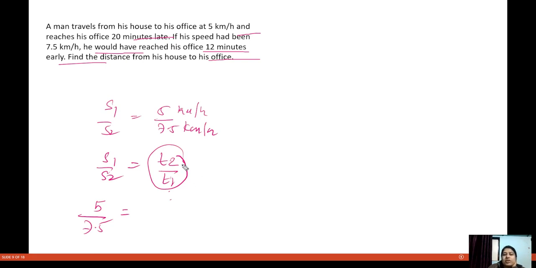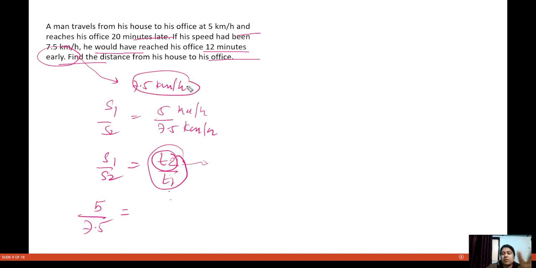Now you see this t2, the time taken. T2 is the time taken when you are traveling with 7.5 kilometer per hour.